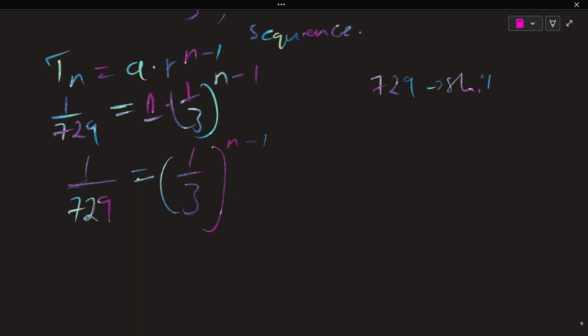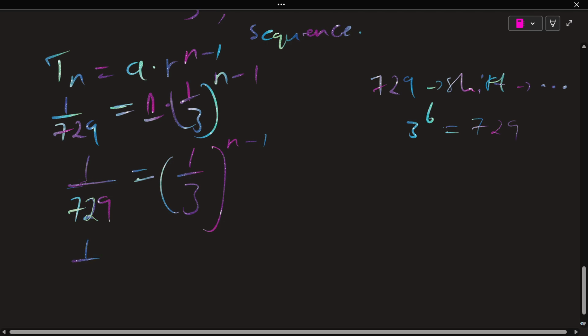You press 729, then you press shift, and then you press the button with the three dots just next to the hypotenuse button. By doing that, you will get something like 3 to the exponent 6. So it means that 3 to the exponent 6 equals 729.